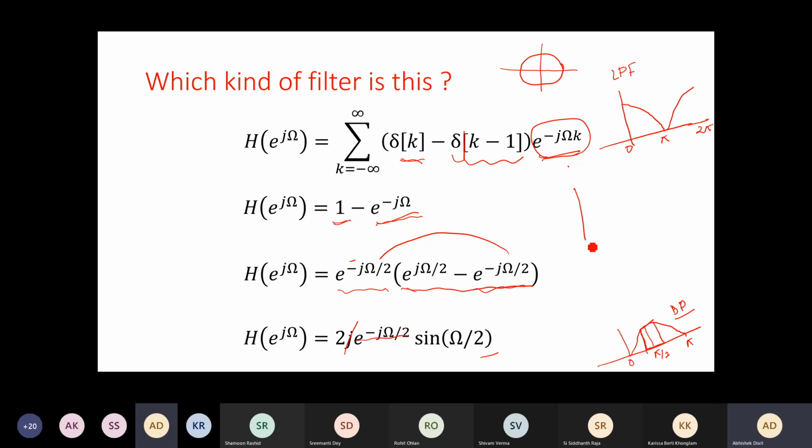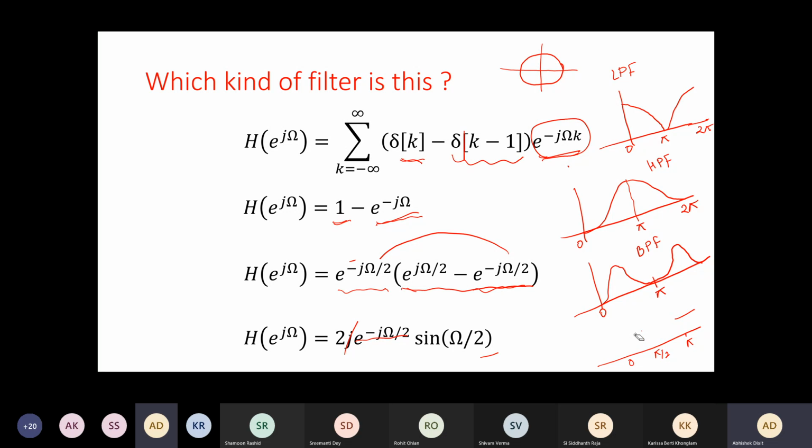If you have a high pass filter, this will look like 0, pi, 2 pi. High pass filter. If the maximum transmission is at some other frequencies, let's say like this, band pass filter.